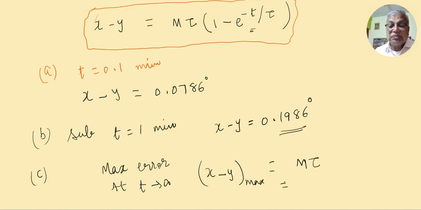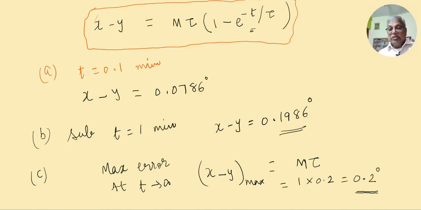M is the rate of change, 1, and tau is 0.2. So 1 into 0.2, that is 0.2 degrees. So there will be a permanent error of 0.2 degrees even after a long time.